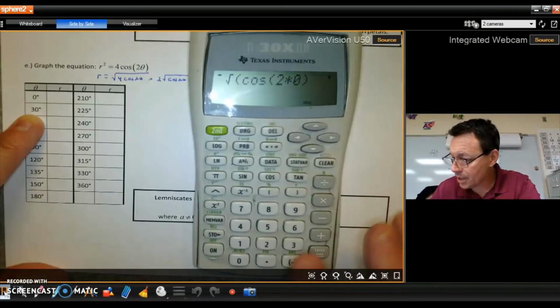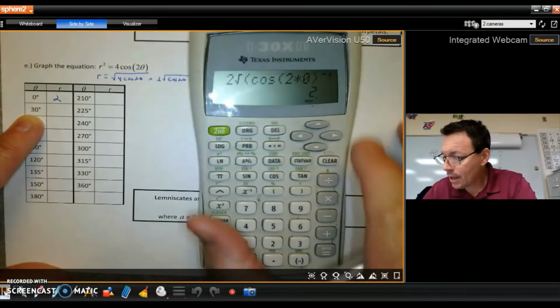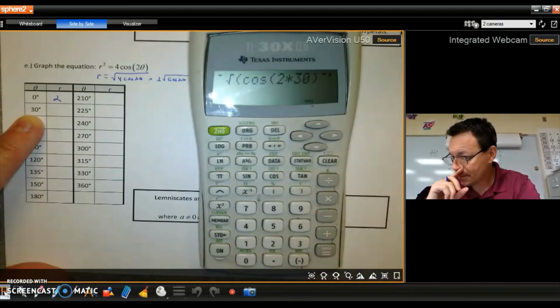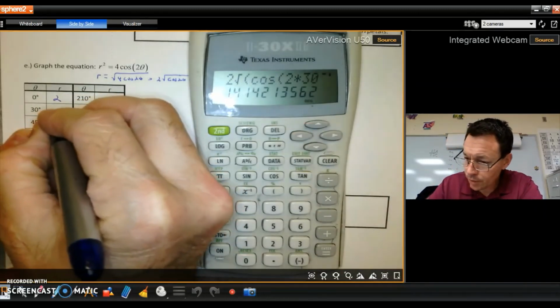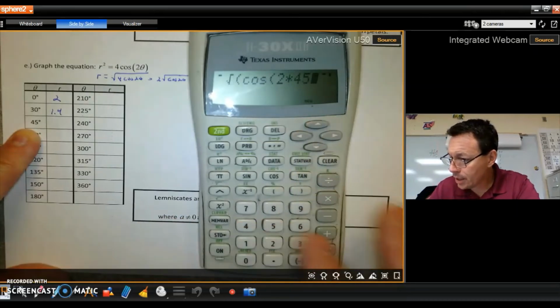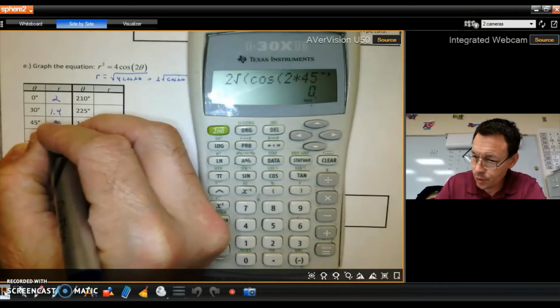I'm also going to close my original parentheses, and I get an answer of 2. Okay. And then I'm going to change that 0 to a 30. 1.4. I'm going to go in and get a 45. Okay, that's 0. No biggie.